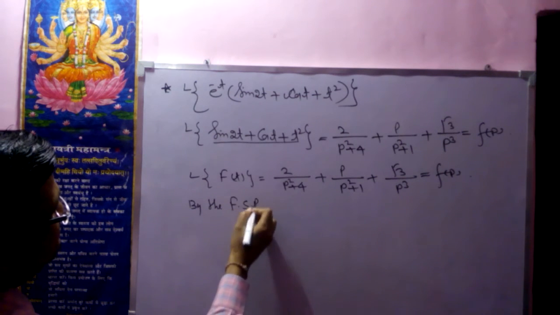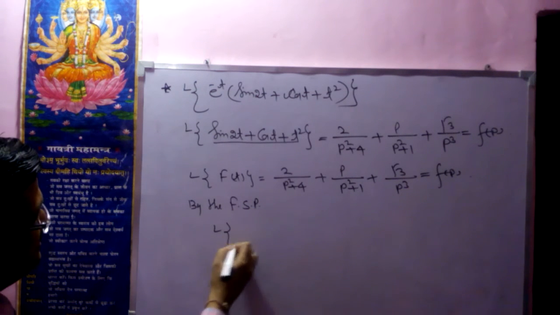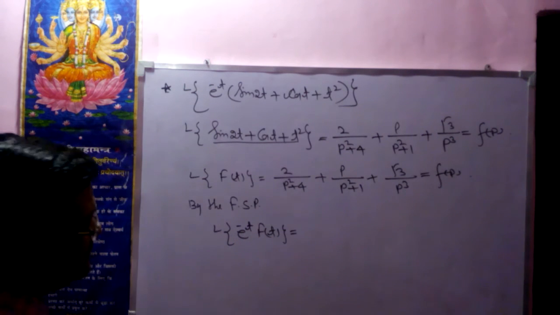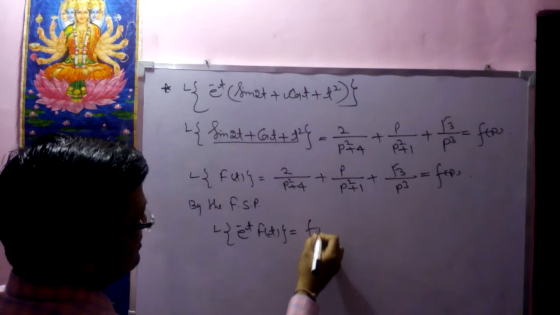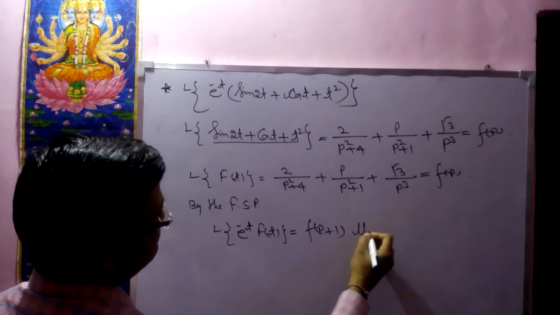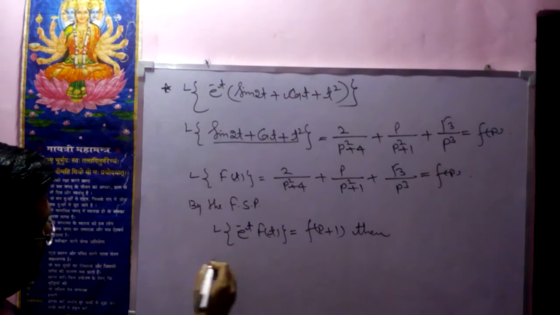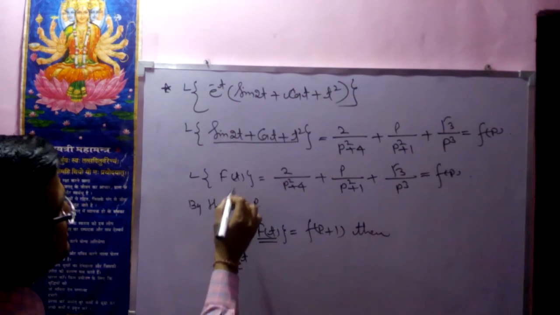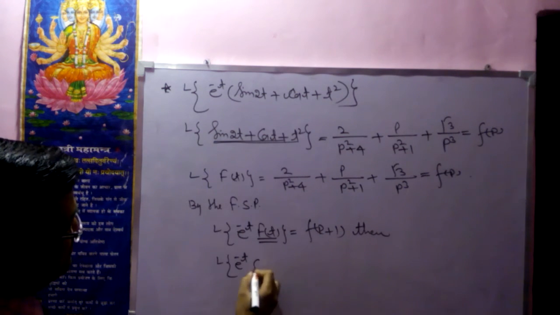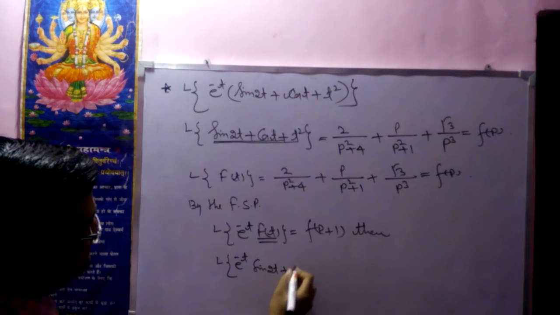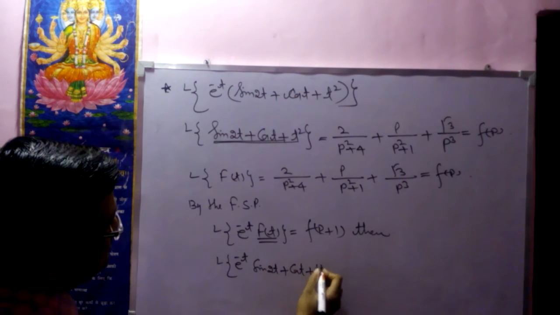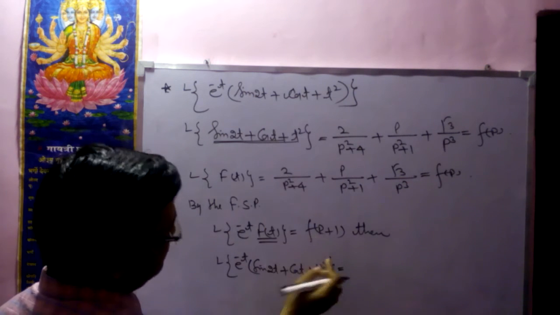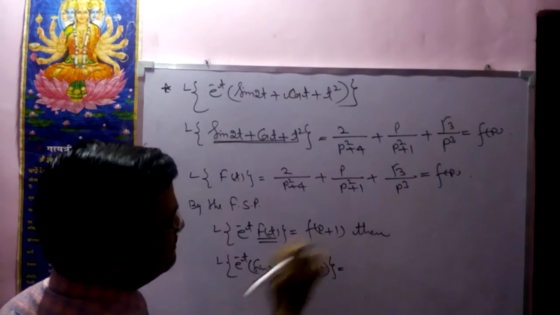By the first shifting property, the Laplace of e to the power minus t f(t), that is e to the power minus t times sin 2t plus cos t plus t square, is obtained by replacing p with p plus 1.